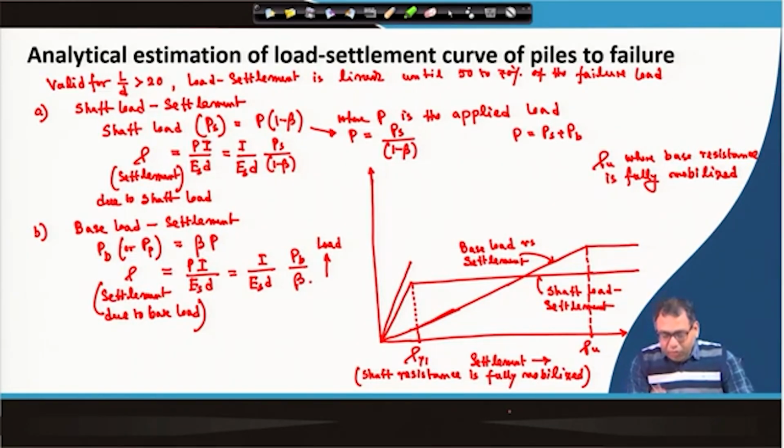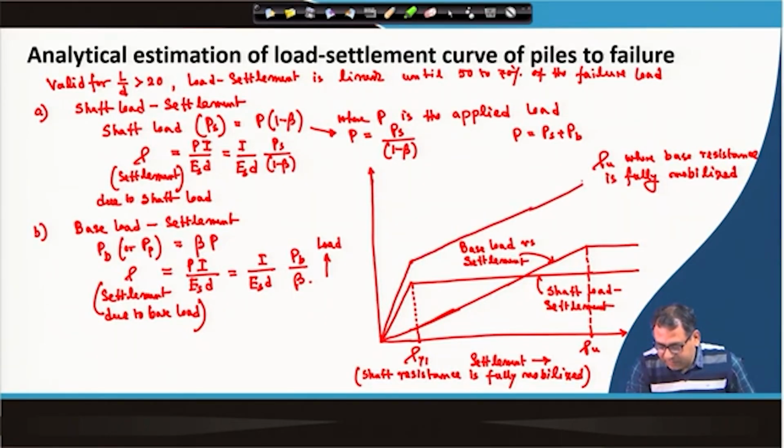Okay. Now the overall curve is the overall load settlement curve. Up to this point, this is the shaft contribution plus the base resistance contribution. After this point, there is no contribution due to the shaft resistance, only due to the base resistance, so the line will be parallel to the base resistance line, and then it will go straight.